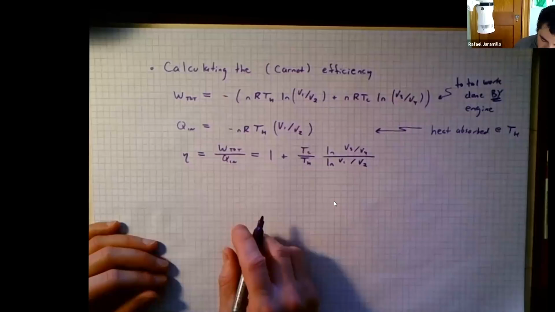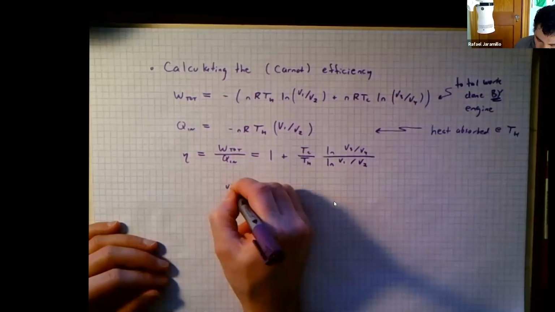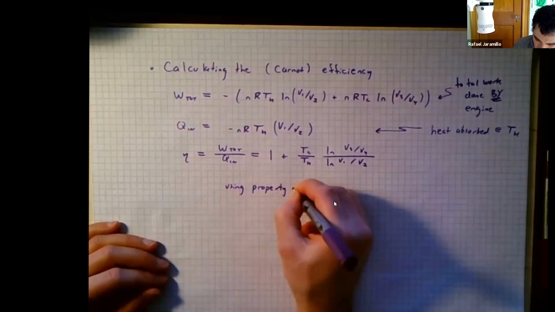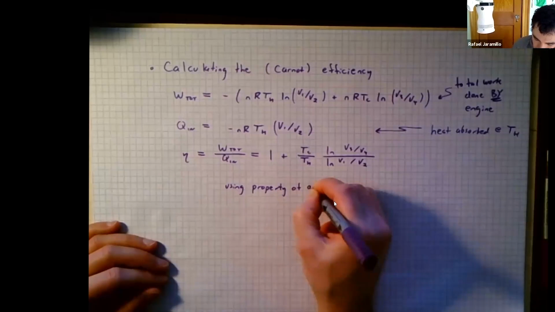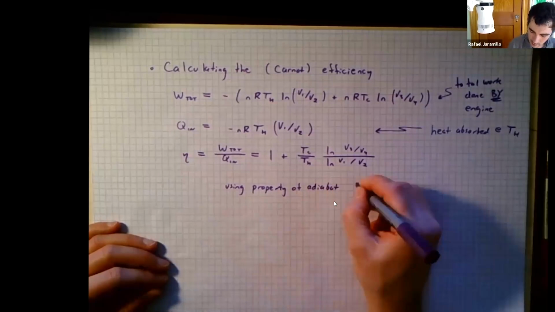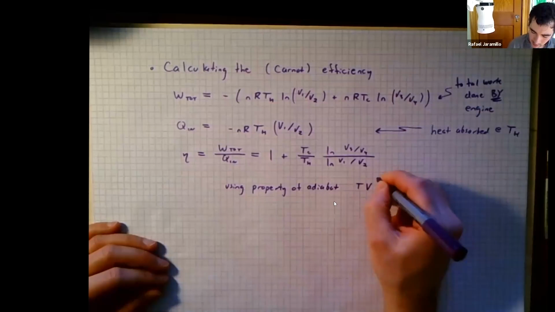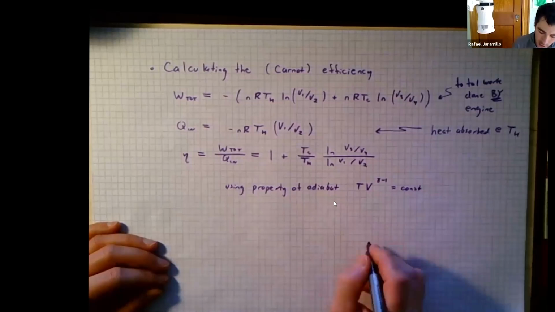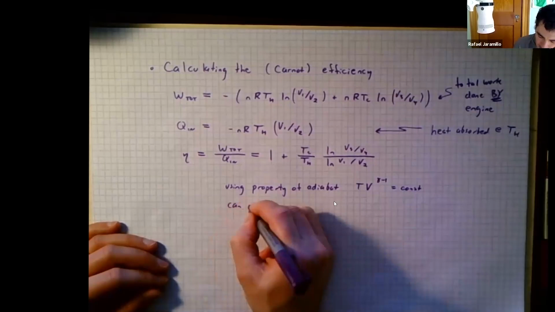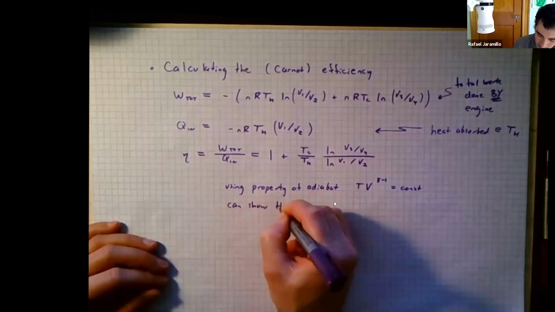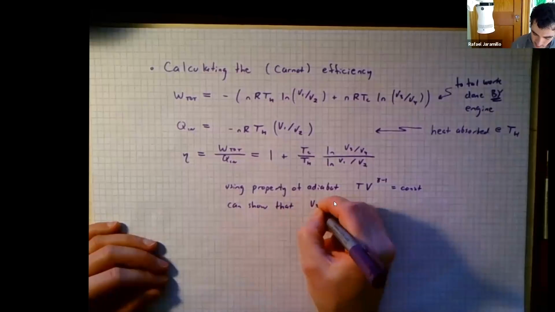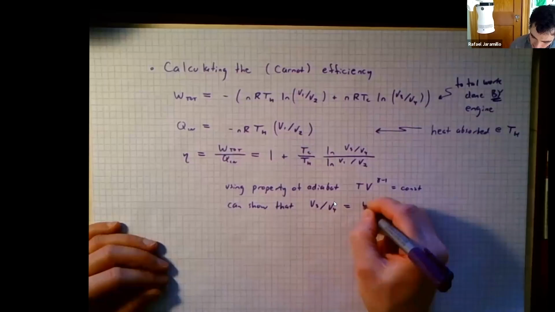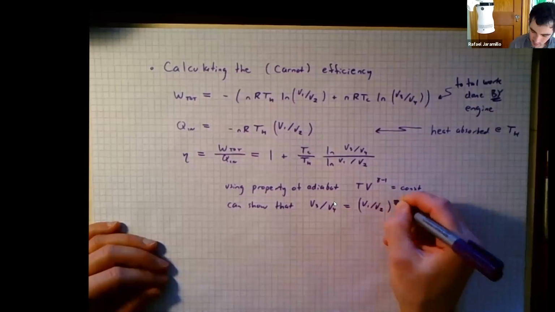Now, using the property of adiabat, TV to the gamma minus 1 equals constant, you can show that V3 over V4 equals V1 over V2 inverse.